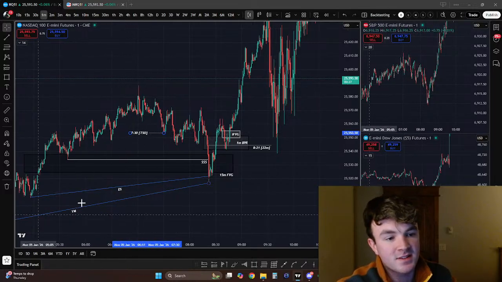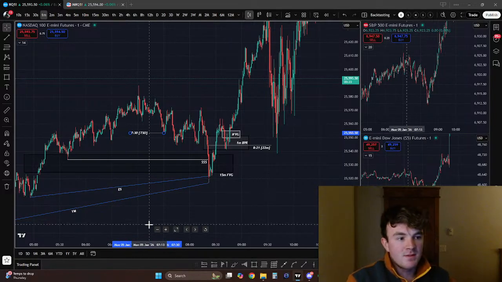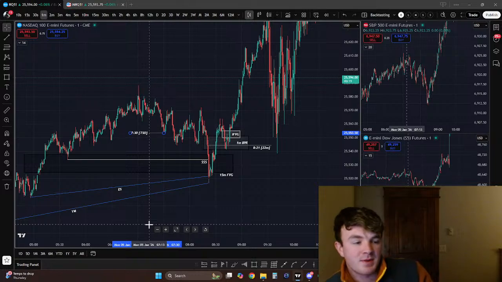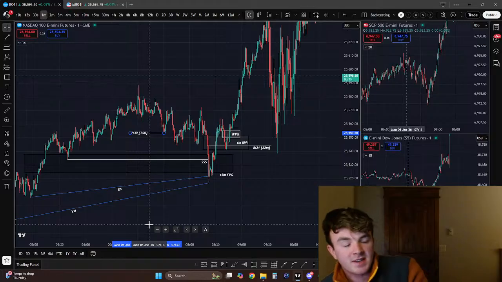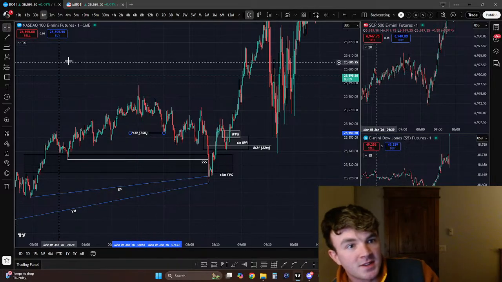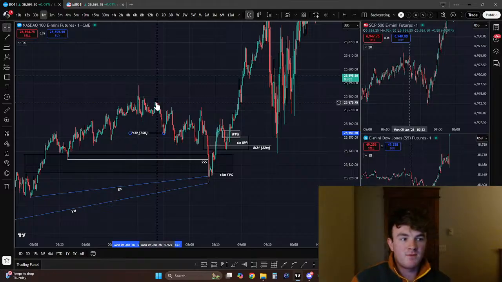There's settings in there where I can switch it to show up for whatever SMTs. I could even have it show what kind of SMT it is, like if it's a low time frame one, medium time frame one, high time frame one. It's all in the settings, but I prefer just to have an SMT be an SMT. I don't want to overcomplicate it, at least for me.